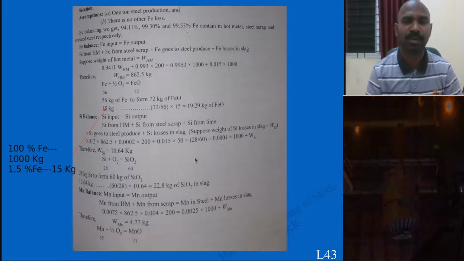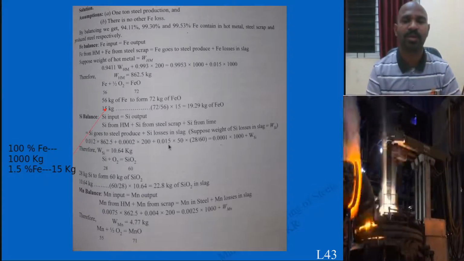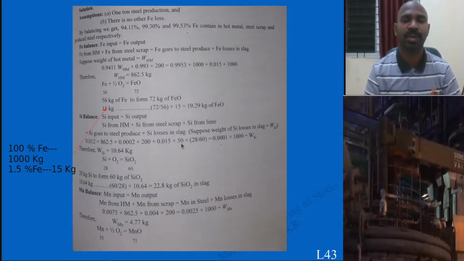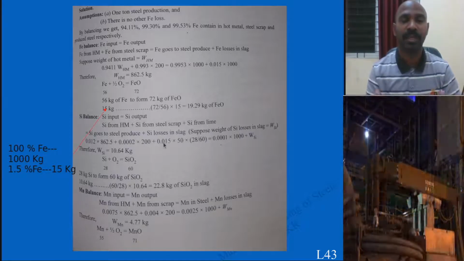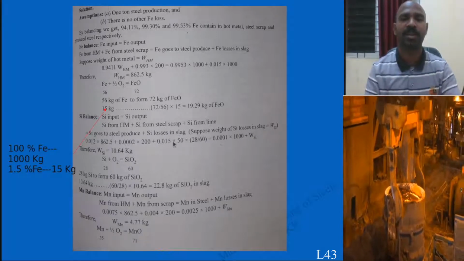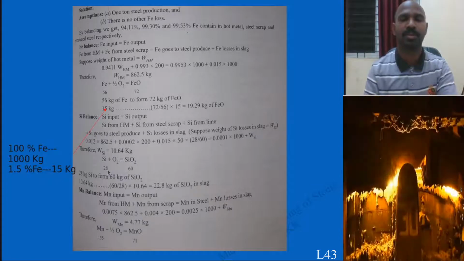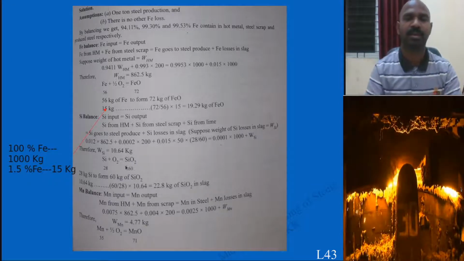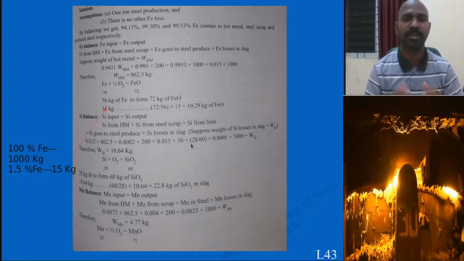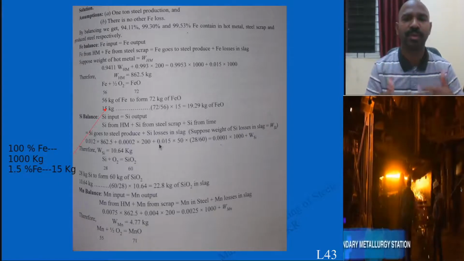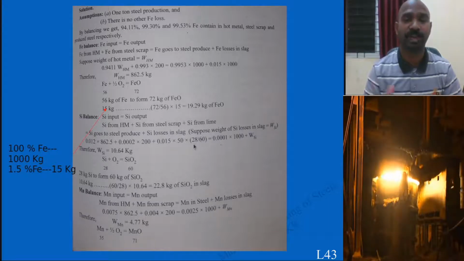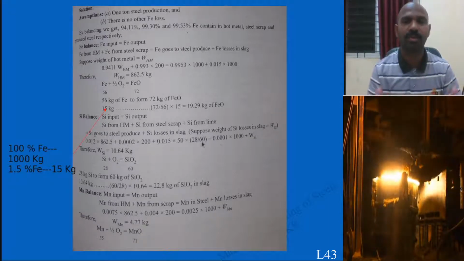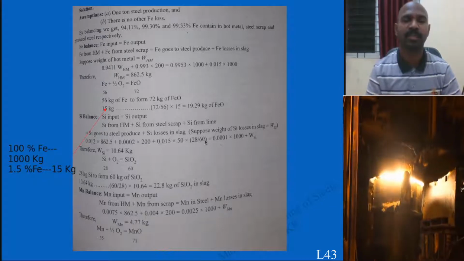And similarly, silicon in lime 0.015 silicon is given, and 50 is the lime weight. And since it is Si and this is given in the form of SiO2, you need to consider this particular thing with respect to the silicon. 28 for the silicon, this is for the SiO2, so that's why you need to take atomic weights 28 by 16. This is with respect to the SiO2.